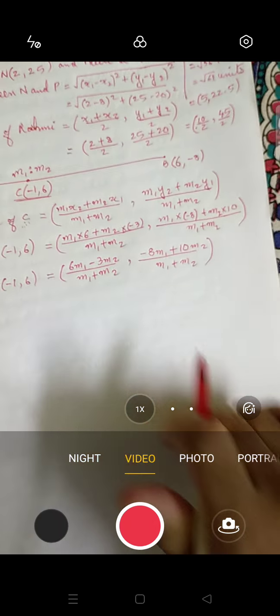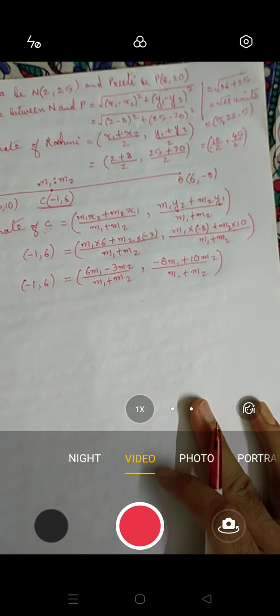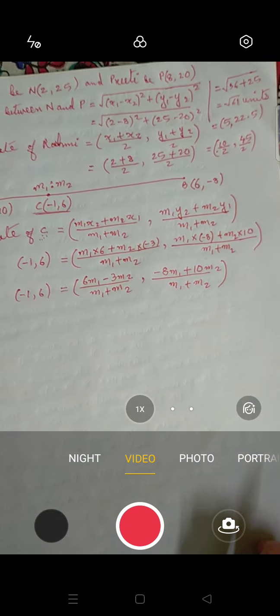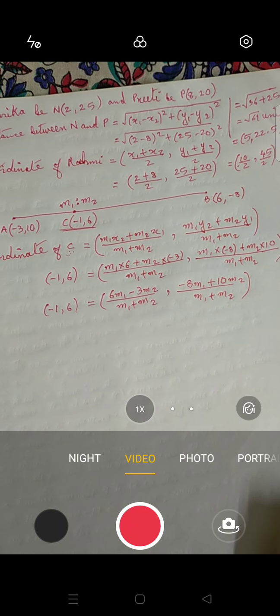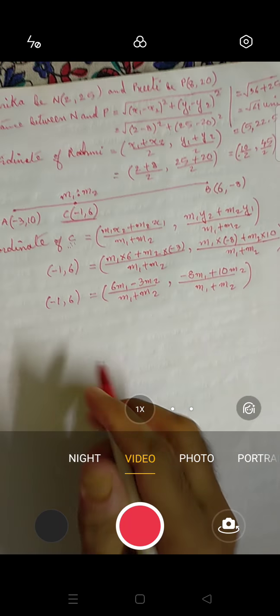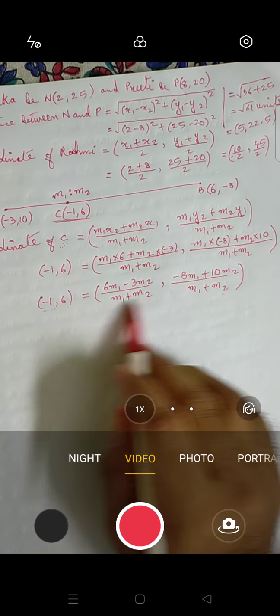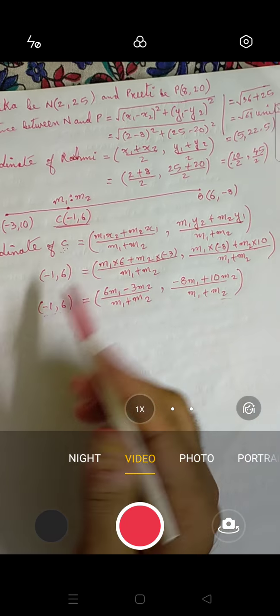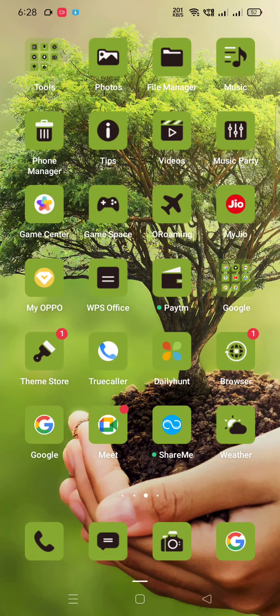Now after that what we will do? Now you have studied from class 5, 6 onwards that LHS is always equal to RHS. That means this LHS must be equal to this RHS. Now in LHS you can see that there is a coordinate. This is the coordinate of x, this is the coordinate of y.